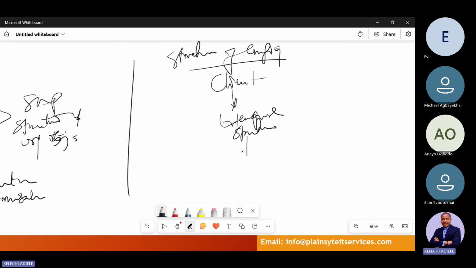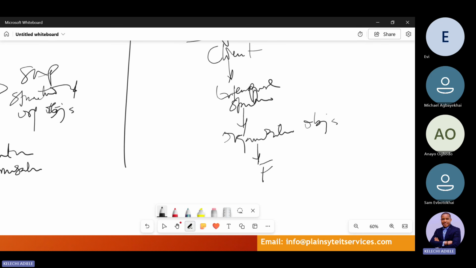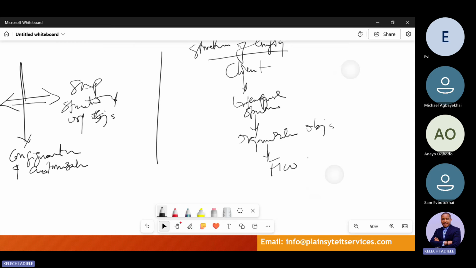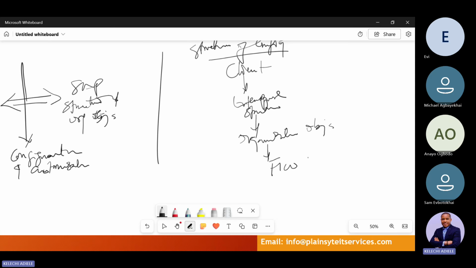And under enterprise structure, you have organizational objects. Under organizational objects, you now have FICO. That is the structure of configuration. Everything you do will sit under enterprise structure.